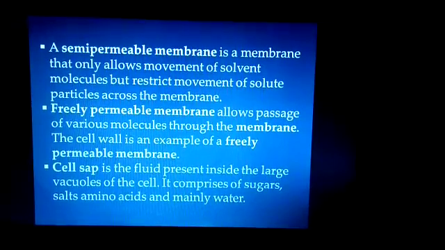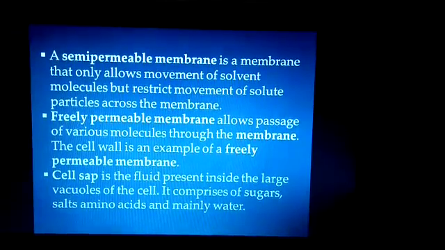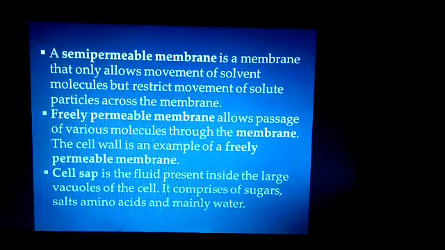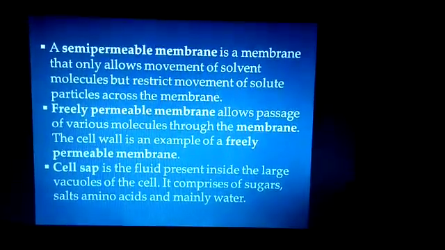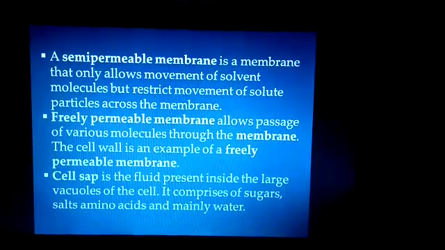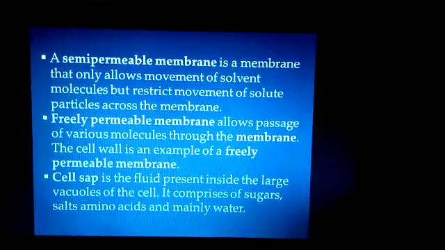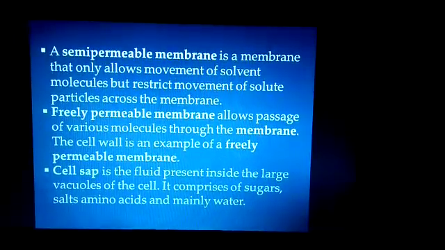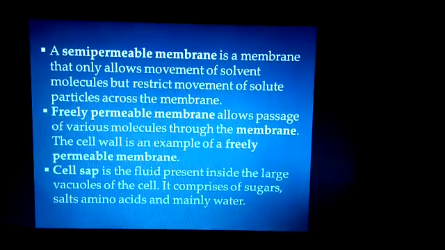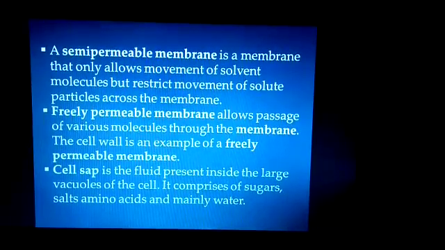Now the next is freely permeable membrane, which allows all the molecules to pass through, and the cell wall is an example of a freely permeable membrane. Next is cell sap. Cell sap is the fluid present inside the large vacuoles of the cell. It comprises sugars, salts, amino acids, and mainly water.